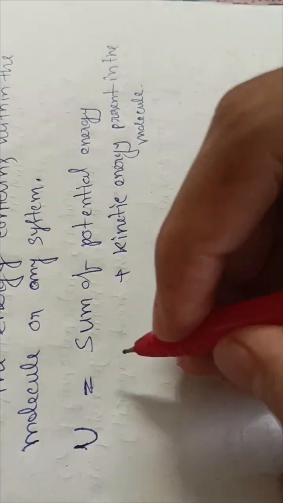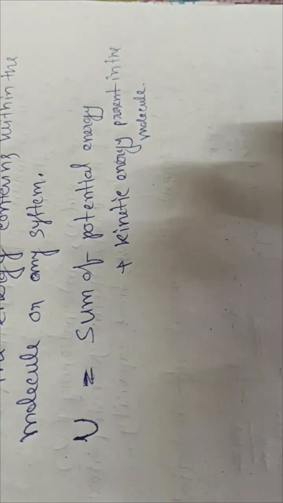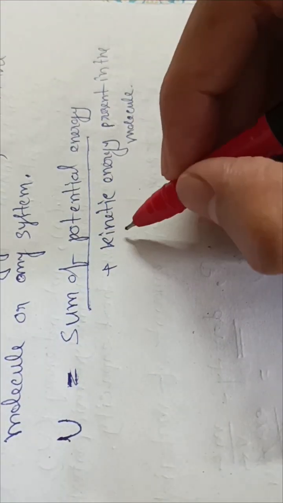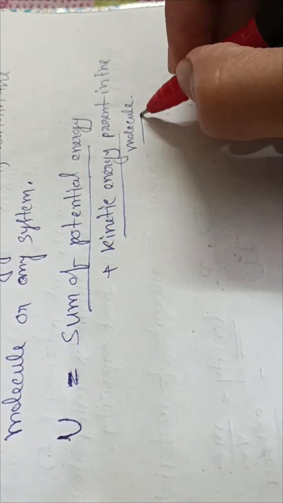So in a molecule, for the existence of that molecule, there should be some potential energy and there should be some kinetic energy inside the molecule, and that energy is the characteristic of that molecule or that system. This is called the internal energy. So it is the sum of the potential energy and the kinetic energy present inside the molecule.